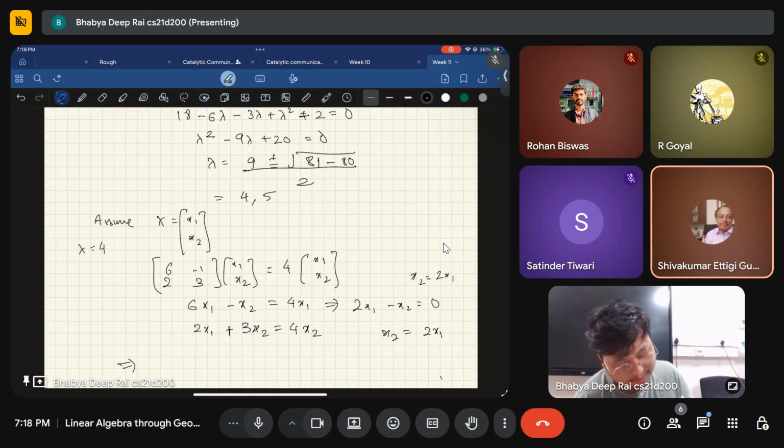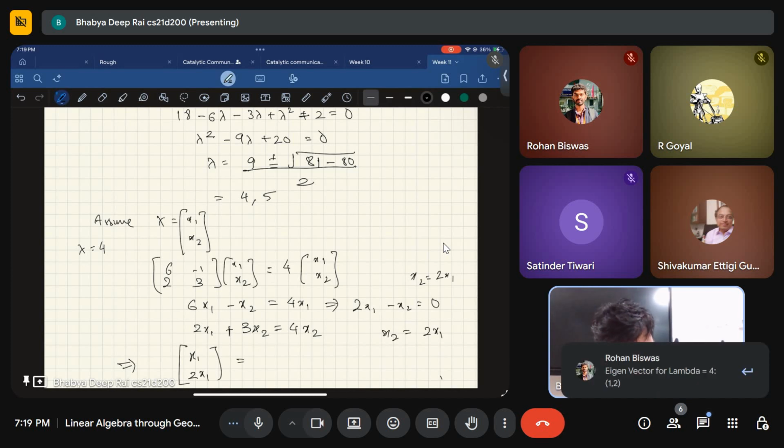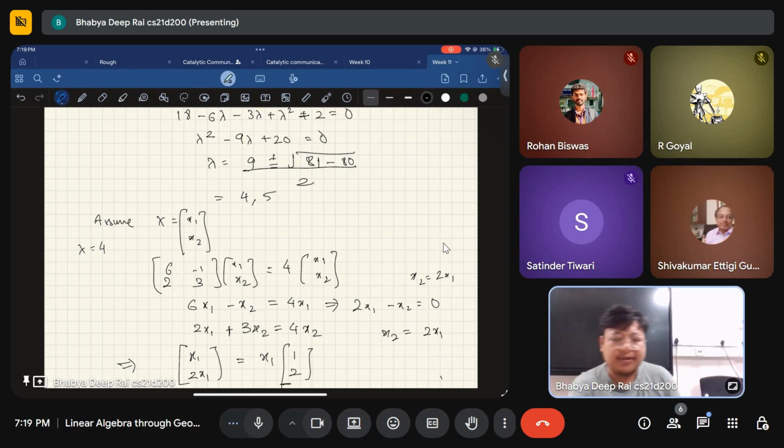We'll be getting x2 equals 2x1, and so the vector is x1 and 2x1. Take x1 outside, it is 1 and 2. Great. Thank you. And this is a family of vectors.